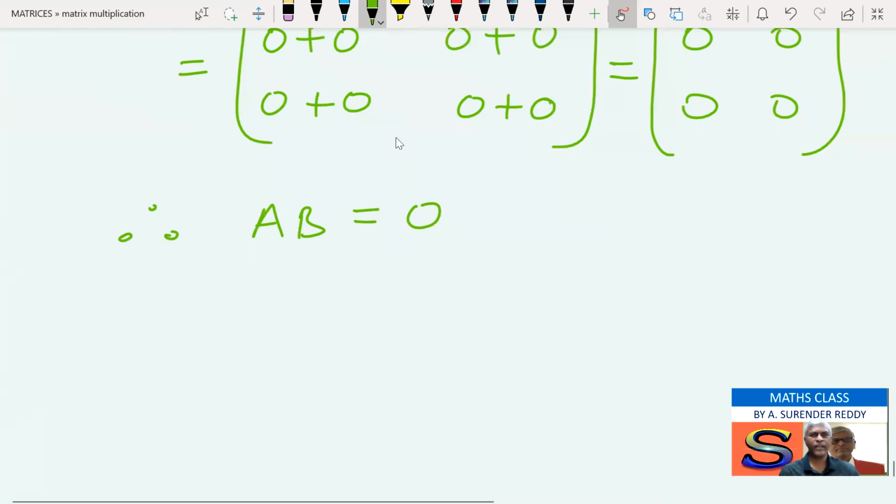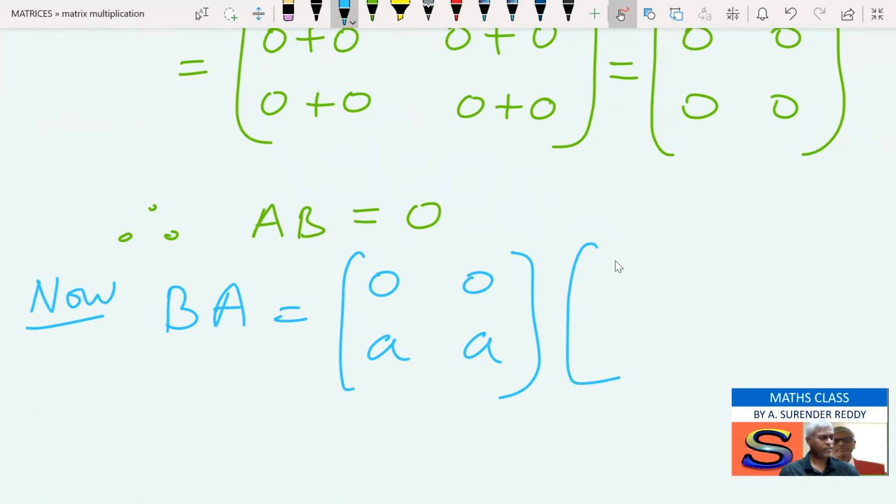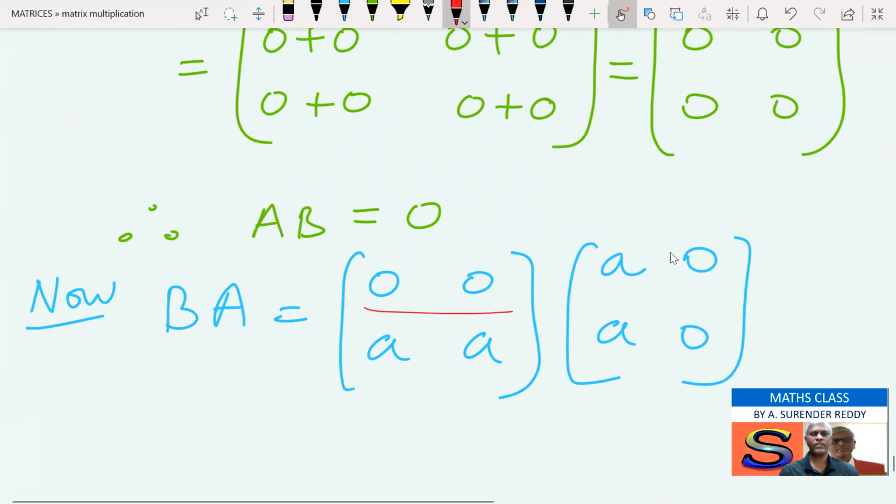Now let us find BA. Write B first, 0, 0, A, A, multiplied with A, that is A, 0, A, 0. We know the process, rows with columns.